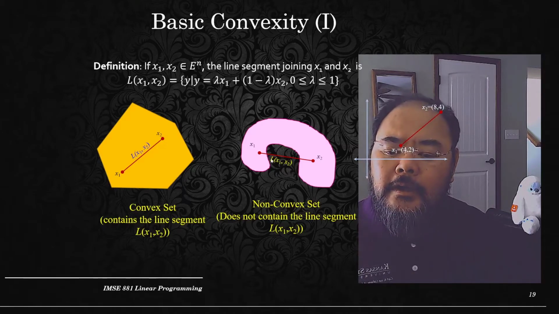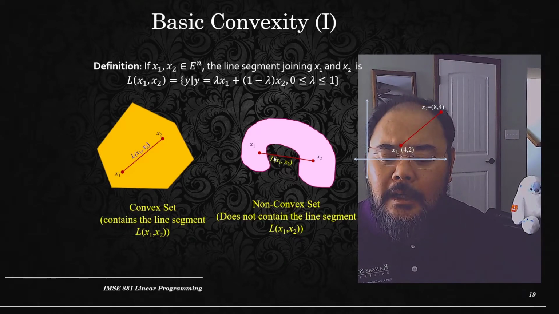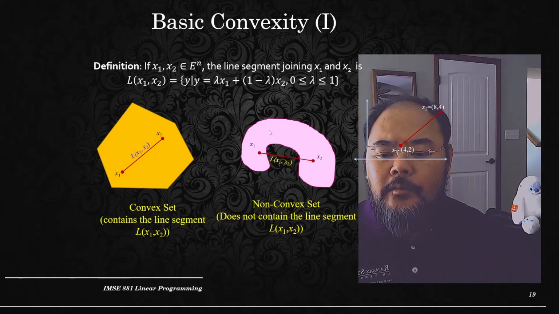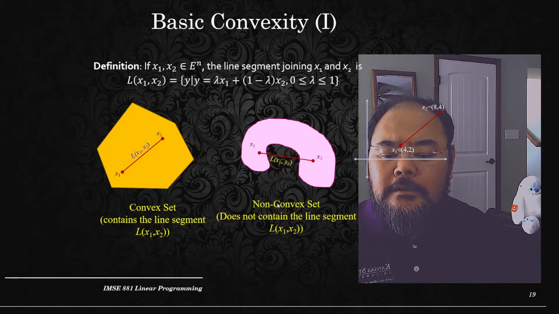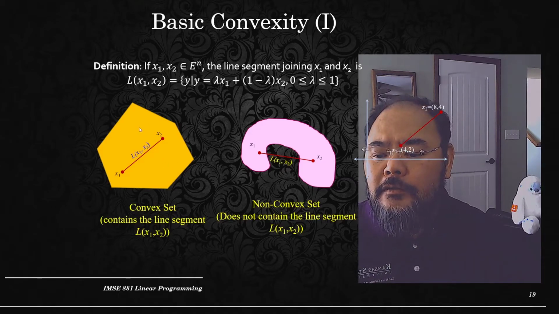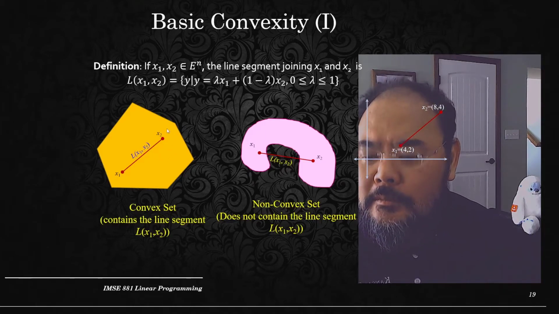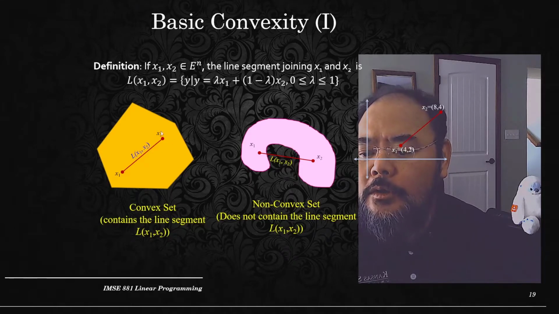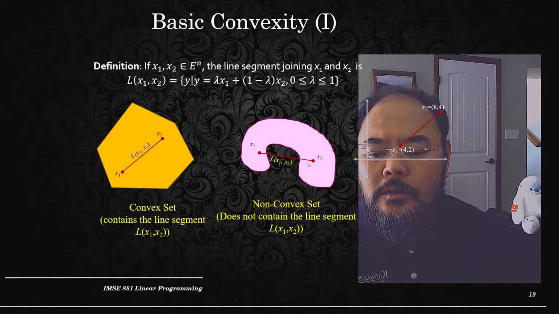If we can find some of the points within the convex combination of these 2 points that do not belong to this set, then this set we usually refer to as a non-convex set. So this is a basic definition of feasible regions in a space, or polyhedra, whether they are convex or not.